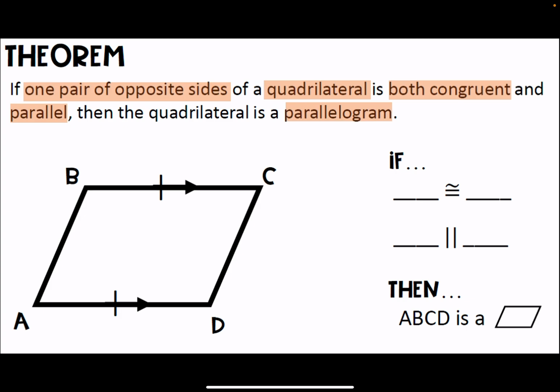So, if BC is congruent to AD, and, this is important, it also has to be parallel, then ABCD is going to be a parallelogram.